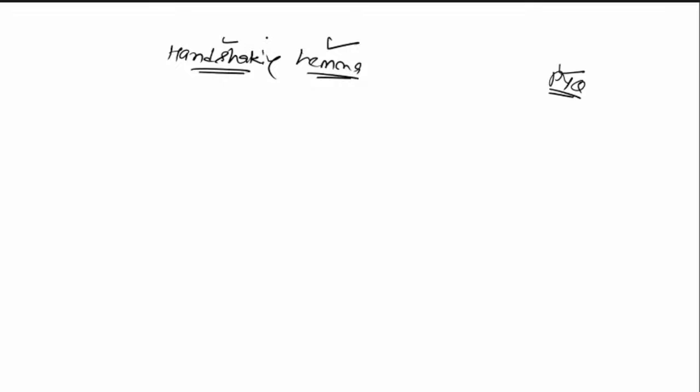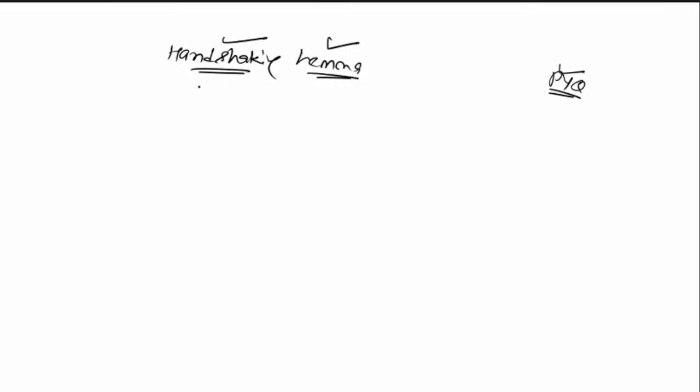There are some concepts which are very frequently asked. One of those is the handshaking lemma. If you solve the previous year questions of the Gate exam from graph theory, you will see that the handshaking lemma is a very frequently asked concept.